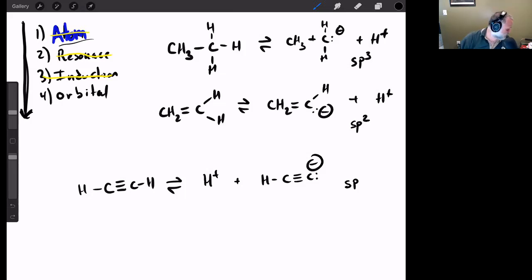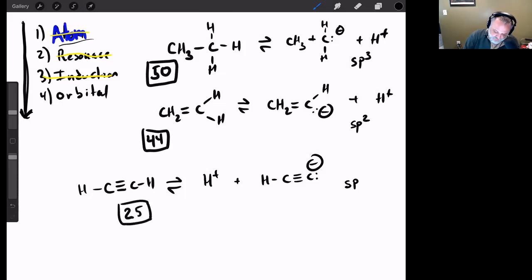And if we look at the pKa's, we see that the pKa of ethane is 50, of ethene is 44, the pKa of ethyne is 25.